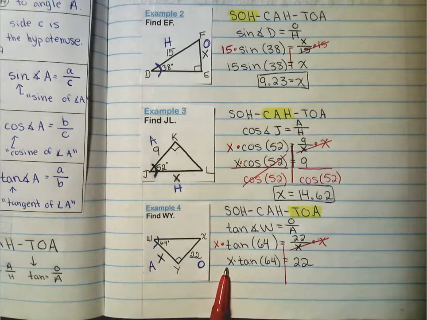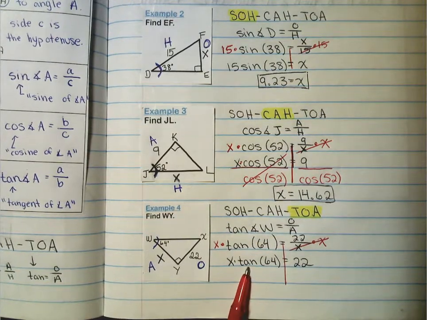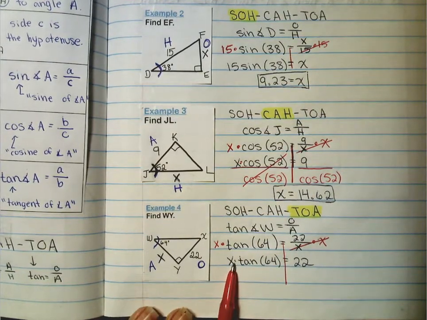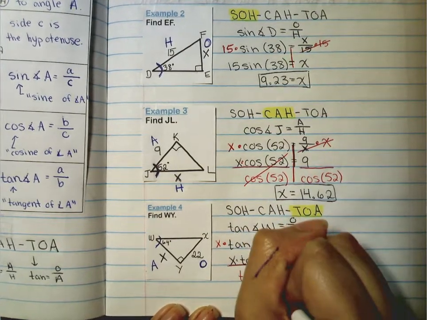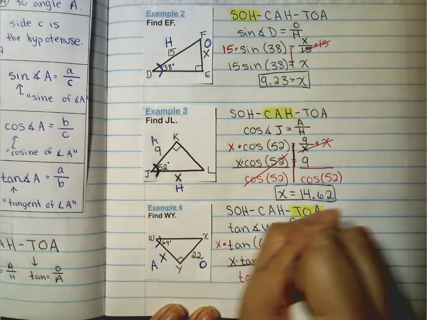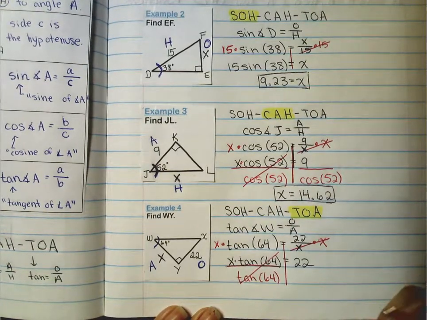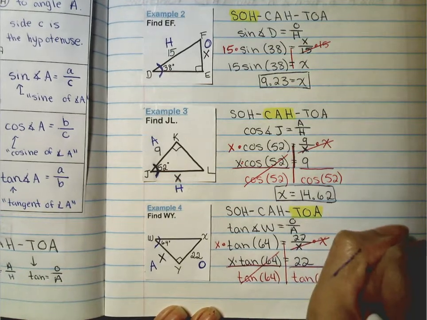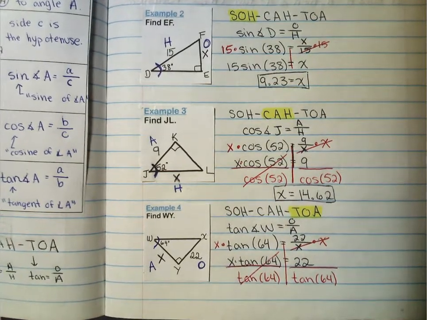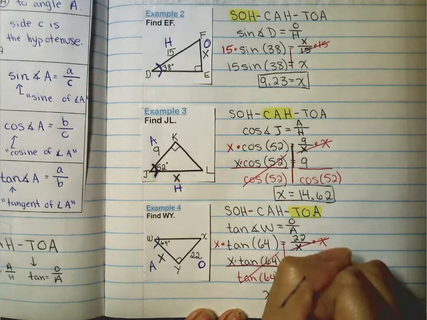Remember, I'm not done. I'm trying to get x by itself. So I gotta get rid of this. Opposite of multiplication, division. So I'm gonna divide by the tangent of 64. Cancels out. Gotta do it on both sides. And so this is going to give me my answer.